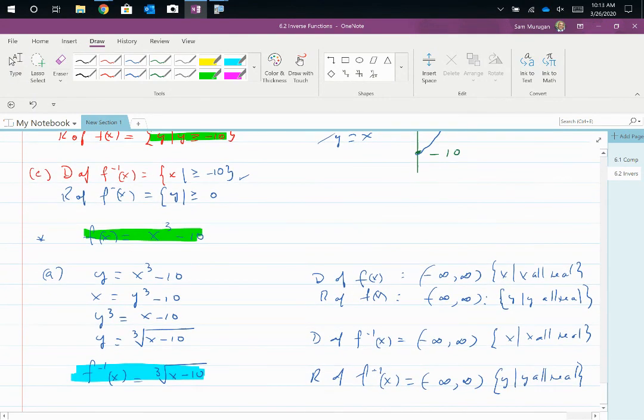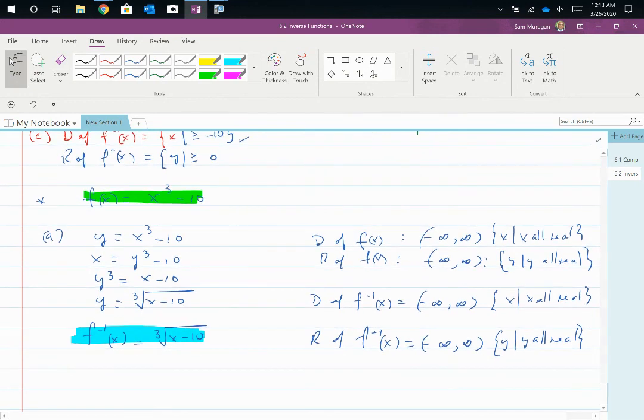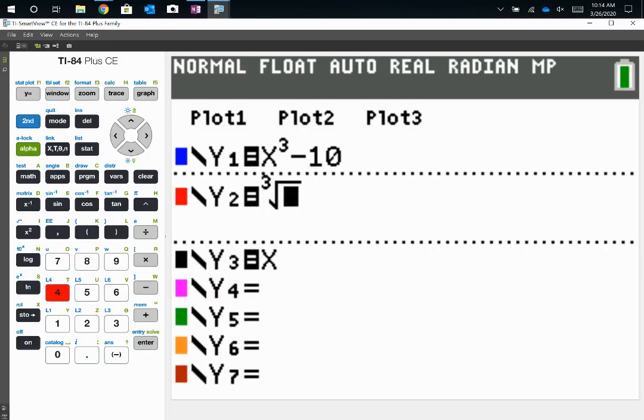Down 10 places. Oops, there's a mistake right here. Did you guys see that? This should be x plus 10. Yeah, I know there was something wrong when I'm trying to graph it. Yeah, x plus 10. So shifted left, x plus 10. Ooh, that was not a good mistake.